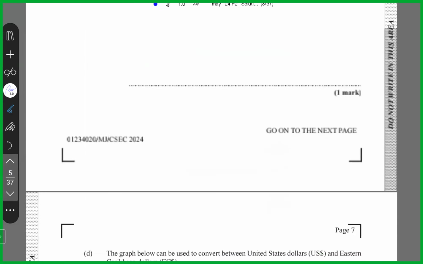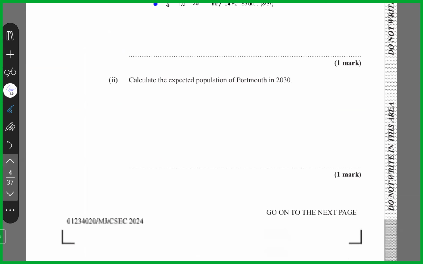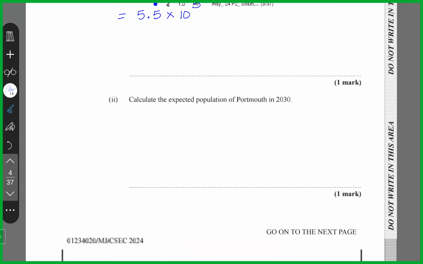Calculate the expected population of Portmore in 2030. Well, here, if the population increased by 42%, there's 100% in a whole. If you increase something by 42%, it becomes 142%.